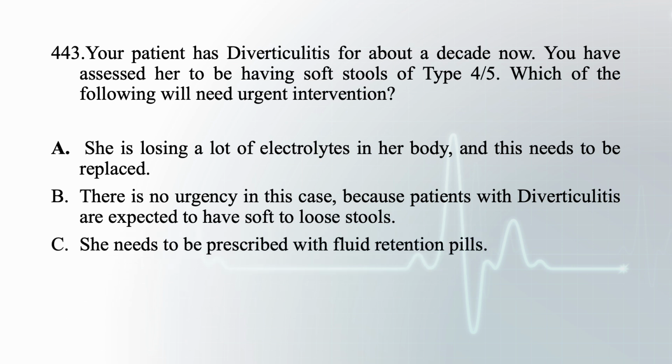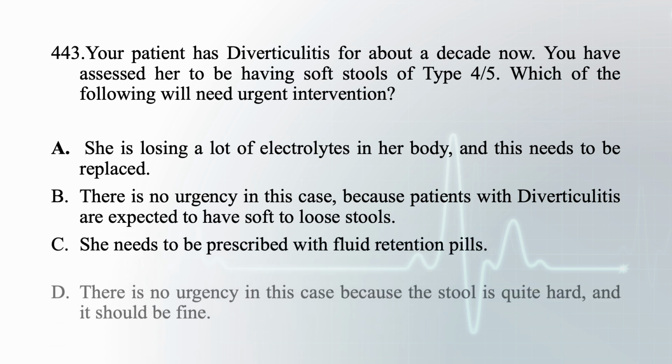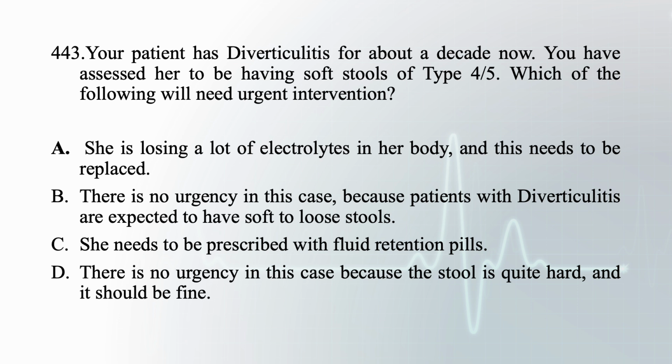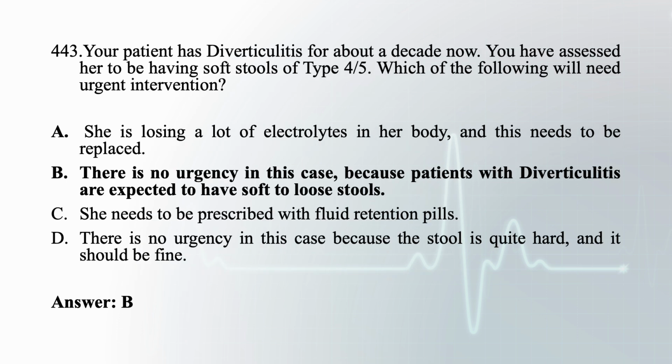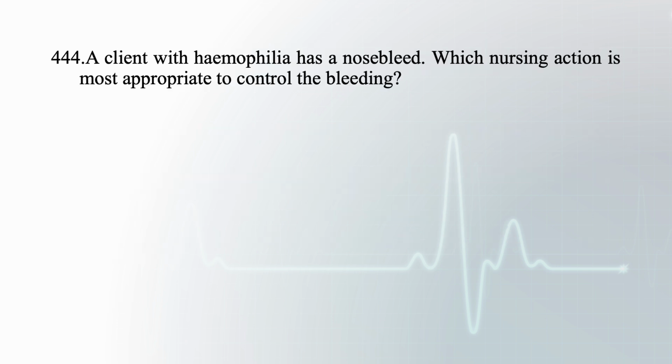Option C, she needs to be prescribed fluid retention pills. Option D, there is no urgency in this case because the stool is quite hard, and it should be fine. The correct answer is option B, there is no urgency in this case, because patients with diverticulitis are expected to have soft to loose stools.